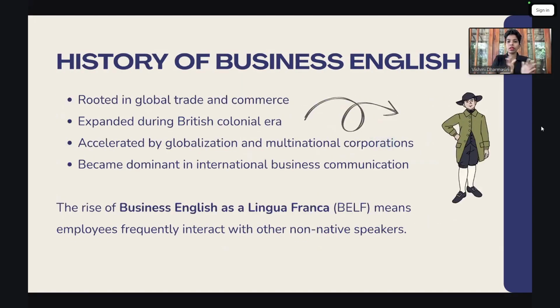So, when we look at the history of business English, how did this come to be? How did this start? First and foremost, this is rooted in global trade and commerce. That means when colonialism happened, the language that was used by the British, which was English, came to be of utmost importance.